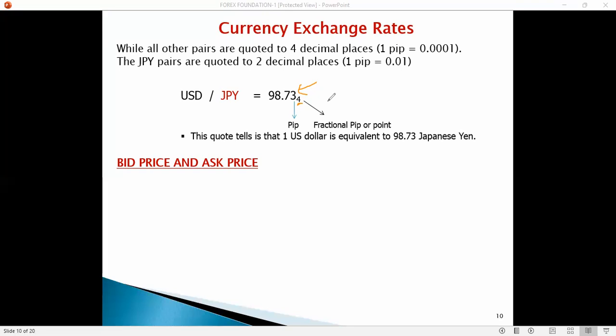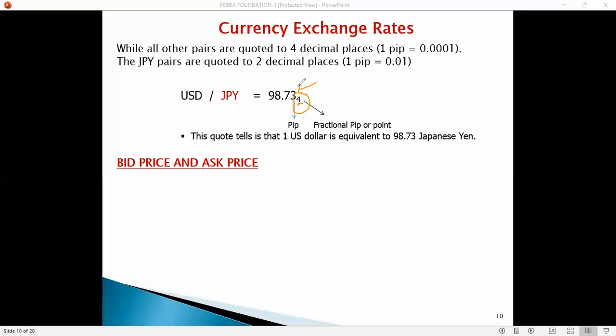So now, this quote tells us that 1 US dollar is equivalent to 98.73 Japanese yen. In a nutshell, if you are calculating, you will not want to look at this. But for educational purposes, to have a solid background and a good foundation, you need to know how the points work.